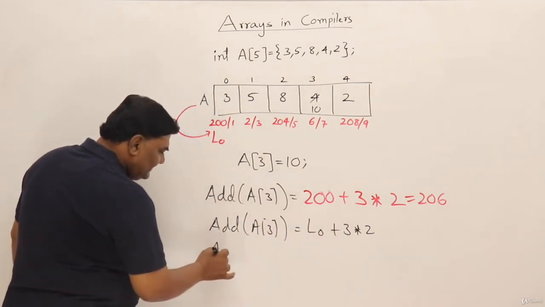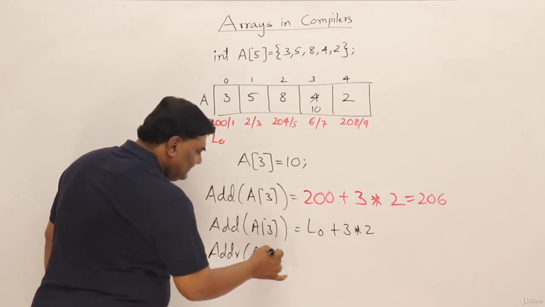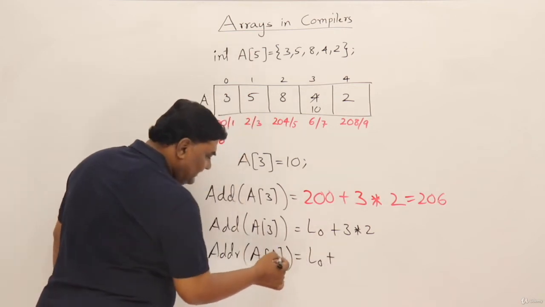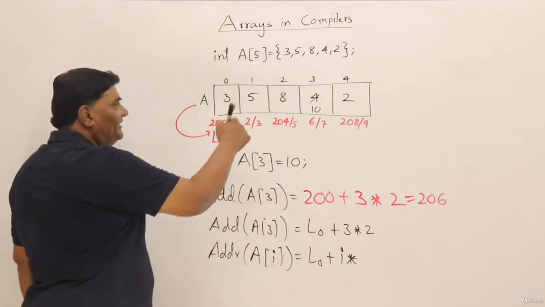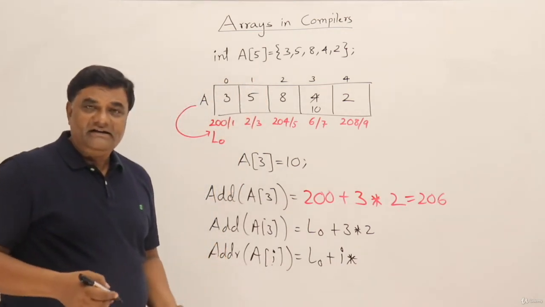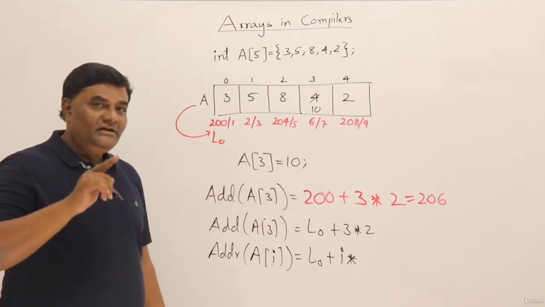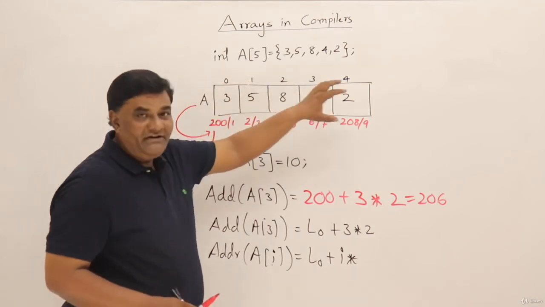Now, how can the address of any location a of I be obtained? L0 plus I into size. Now this is an example of an integer array, so 2 bytes. If it is a float array, it may be 4 bytes, a character array may be 1 byte, a double array it may be 8 bytes. So depending on the data type, the number of bytes taken by each element may vary.